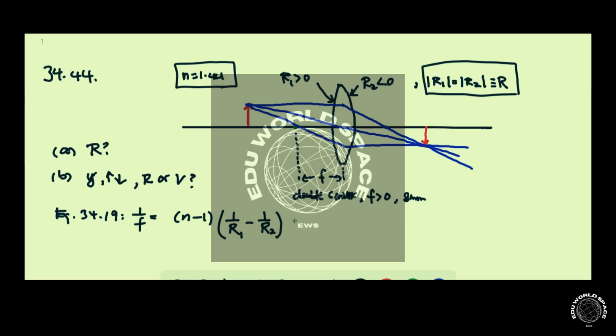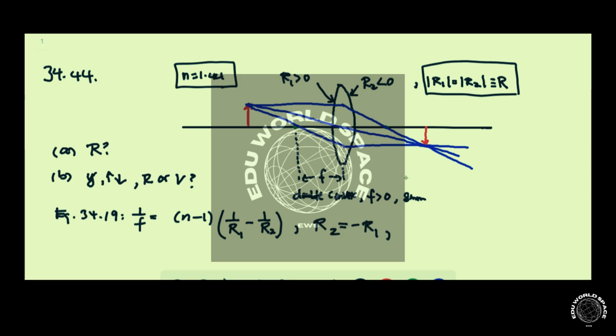And since R2 is negative, and they have the same magnitude, then R2 is equal to minus R1.